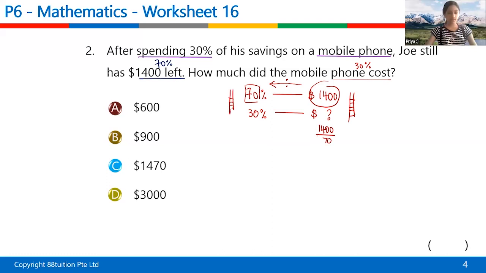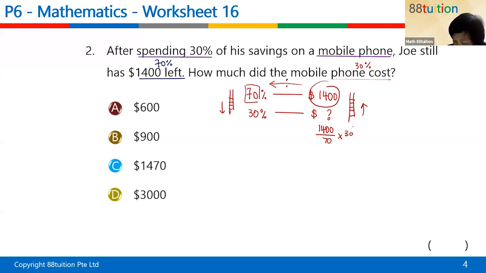Down the escalator is multiplied by 30. Okay, straight away find 30. Don't need to find 1. You find 1, then after that you got to write again. So it's time consuming. So okay, $600, not 60, because of the 0. And then that is for option number A.